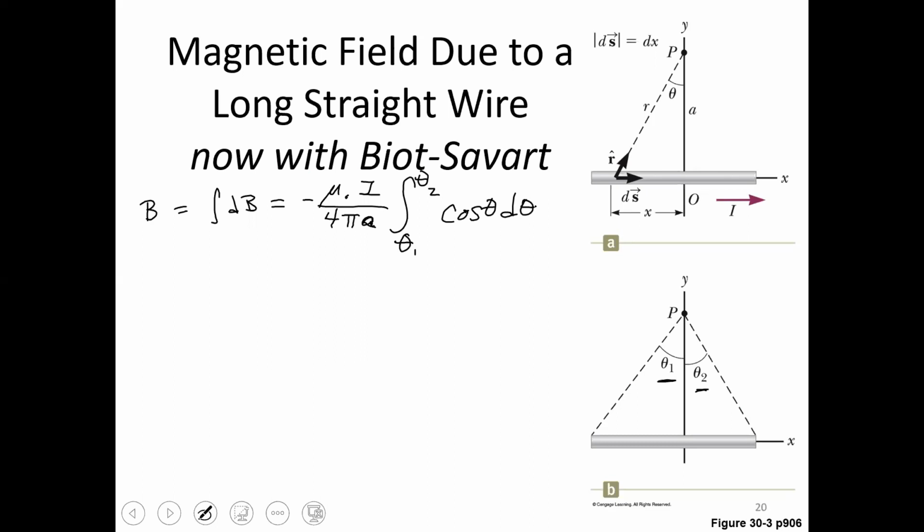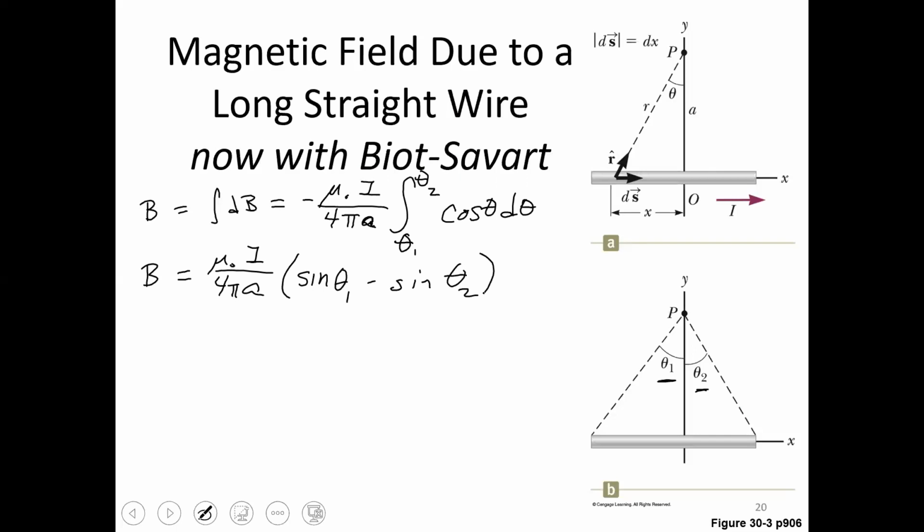We're going to get rid of our negative sign, because the integral of cosine theta is sine theta, by switching the order of how we're subtracting things, right? So we come up with this solution.